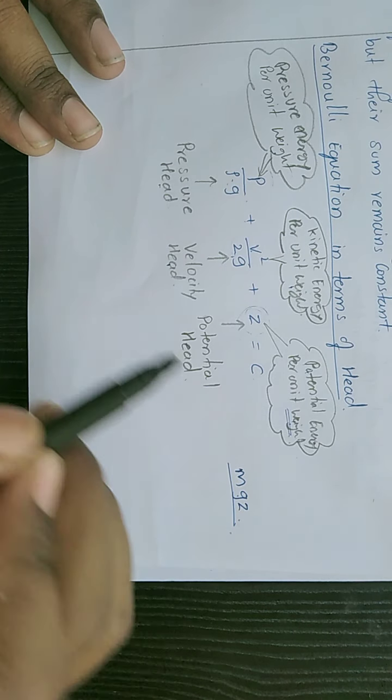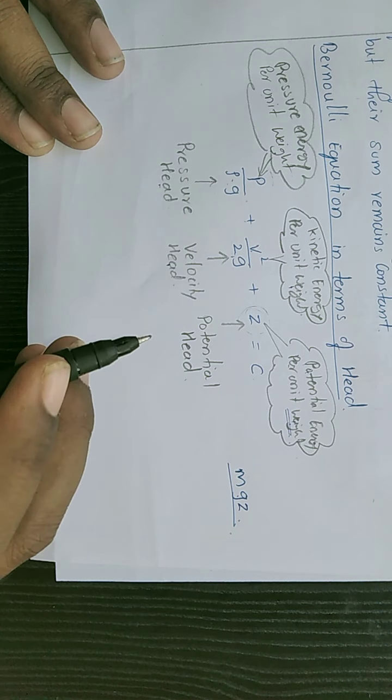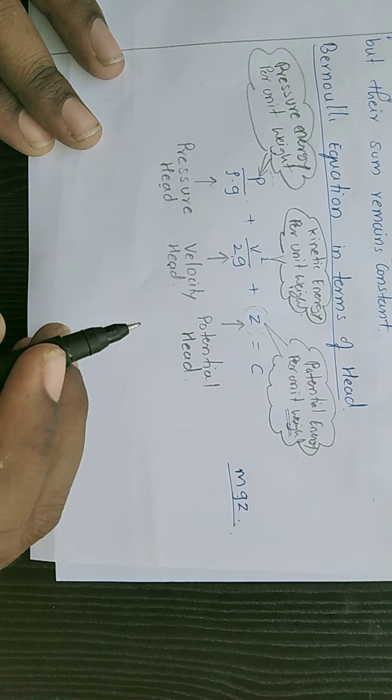What is the formula for weight? Weight is mg, so mg gets cancelled. What remains is z. Similarly, the expression for kinetic energy is half mv square.